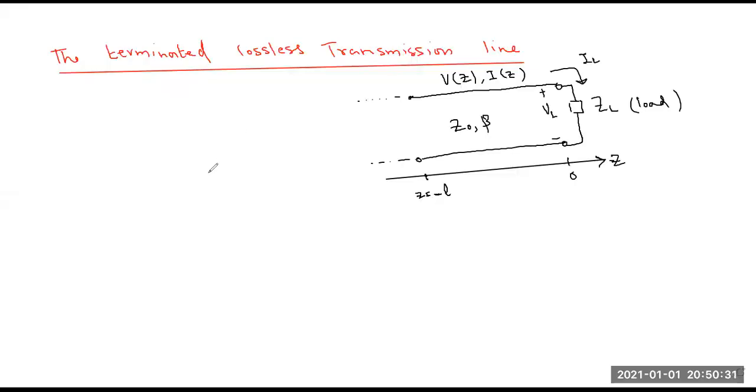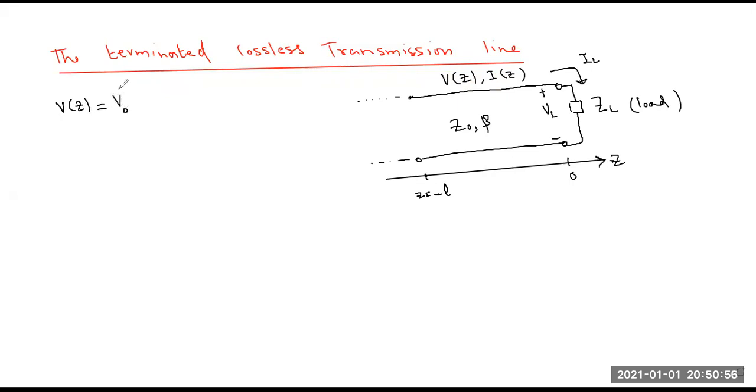Okay, so far we have found that if any lossless transmission line is terminated by any arbitrary load ZL, then total voltage and total current are mathematically represented by these equations.